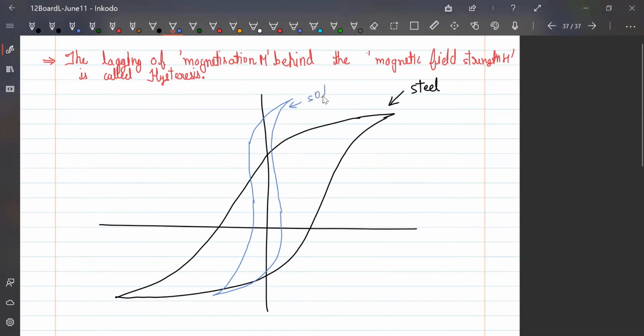So soft iron is preferable to be used in electromagnets and transformers. For soft iron, retentivity is greater, and coercivity is smaller.